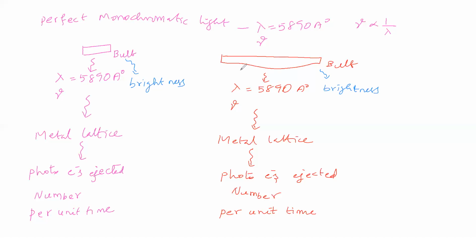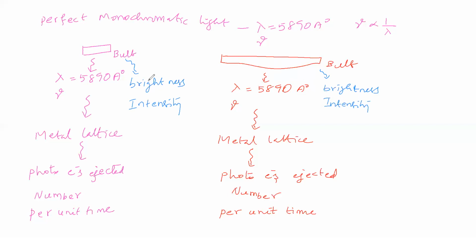It is a big bulb, bulb size is high. It is glowing, so we are getting brightness. You know that this brightness is nothing but intensity of radiation. So in both places, the intensity of radiation will have some value.